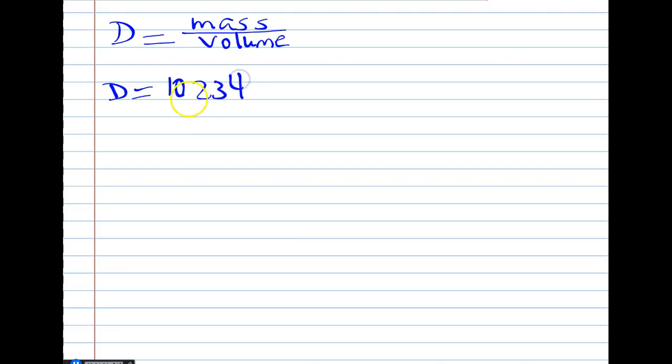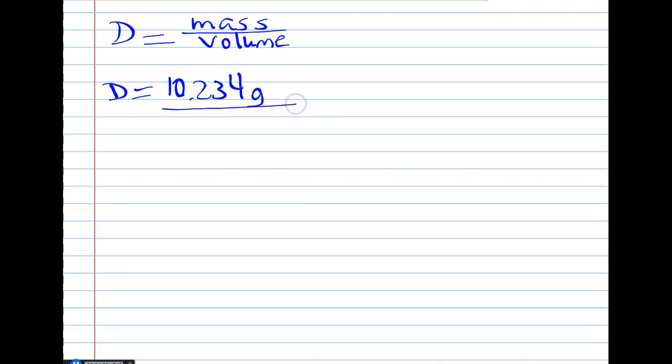So now let's say we wanted to find the density of this rock. As we know from before, density of an object is the mass of the object divided by the volume of the object. So let's take the two different cases. Let's take the first one. Let's say that we used the mass from the first digital scale, and the mass was 10.234 grams.